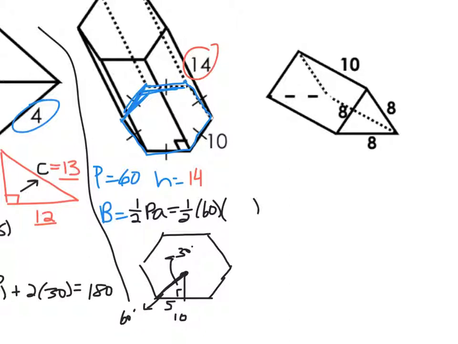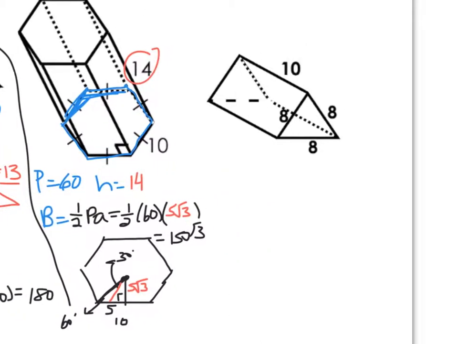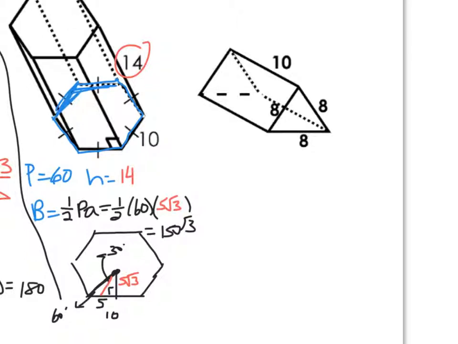So if that side opposite the 30 is 5, that means the side opposite the 60, aka the apothem, is 5 square root 3. And when all of that simplifies, I get that my base is 150 square root 3.